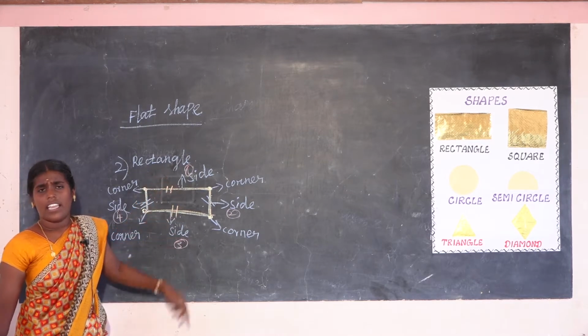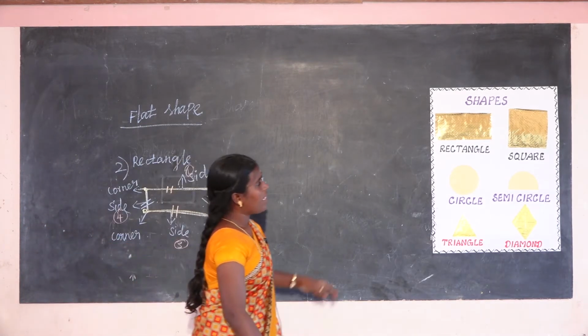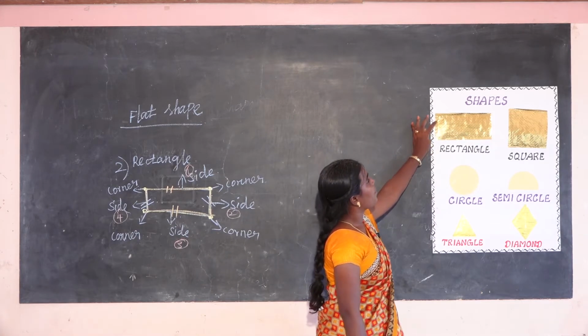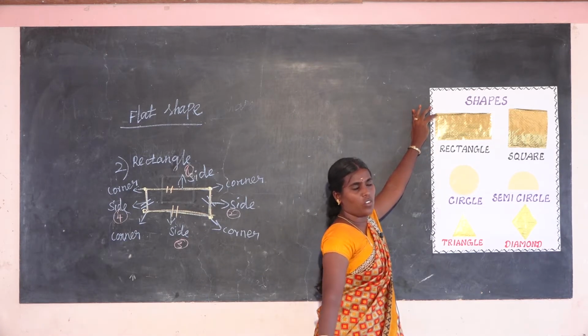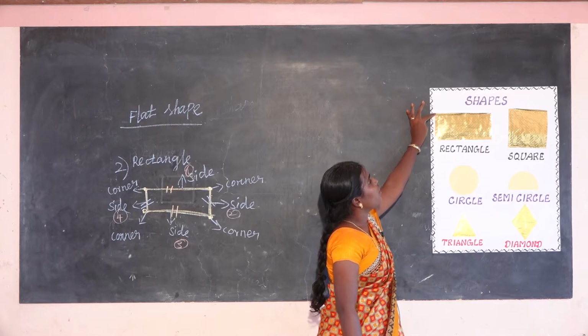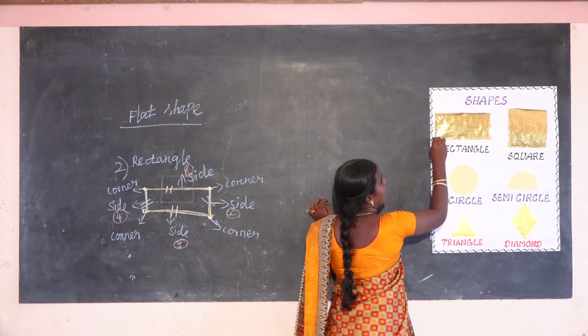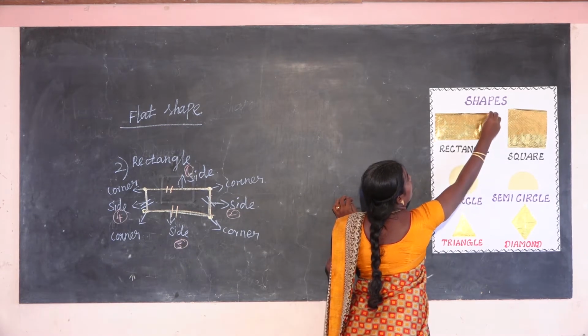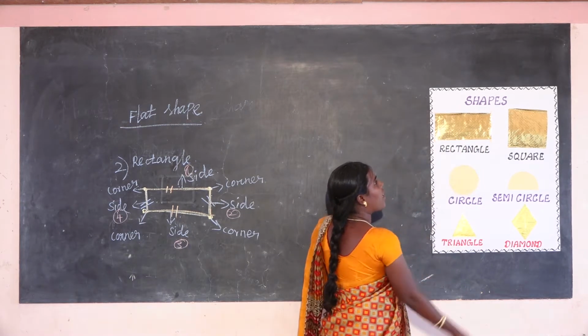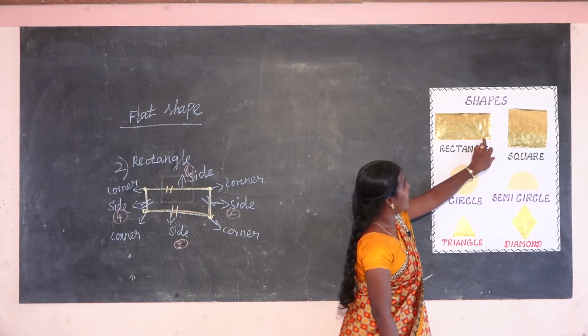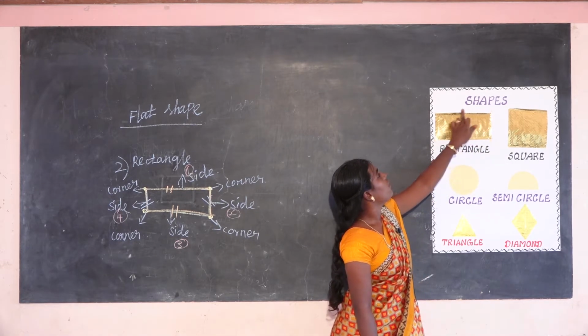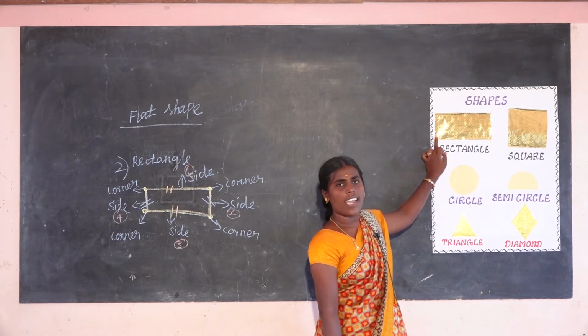Okay, then see the picture. The rectangle here. See, it looks the same, 1, 2, 3, 4. 4 corners are there. 1, 2, 3, 4. The sides are 1, 2, 3, 4. 4 sides are there.